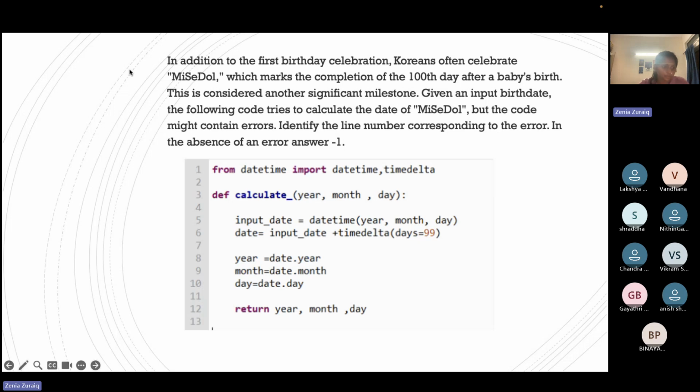I can see people are saying the sixth line. Any other answers? I can see two people are typing. I'll wait for that and then I'll give the answer.